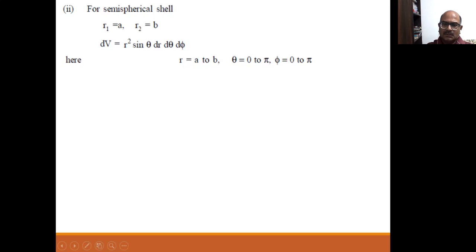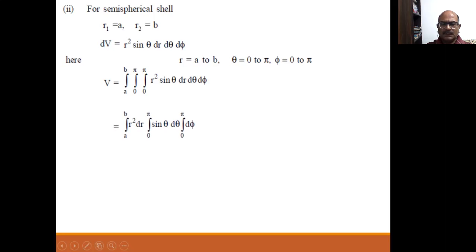Okay, so we'll have these values when the triple integration for the complete volume will be a to b for r, 0 to pi for theta, again 0 to pi for phi, and put r squared sine theta dr d theta d phi. We'll solve this in the same manner as we have done earlier, and we got 2 pi by 3 times b cubed minus a cubed.